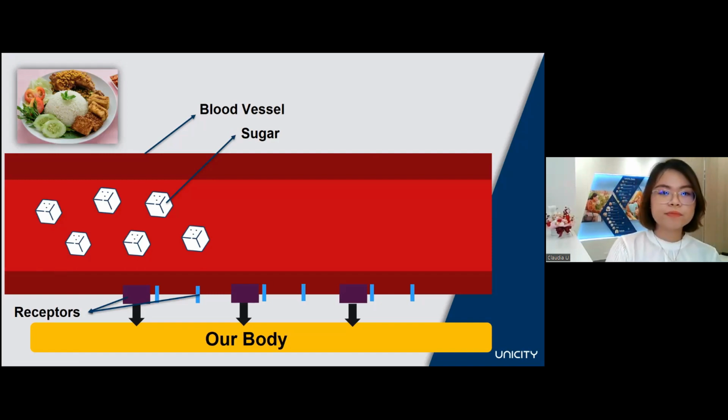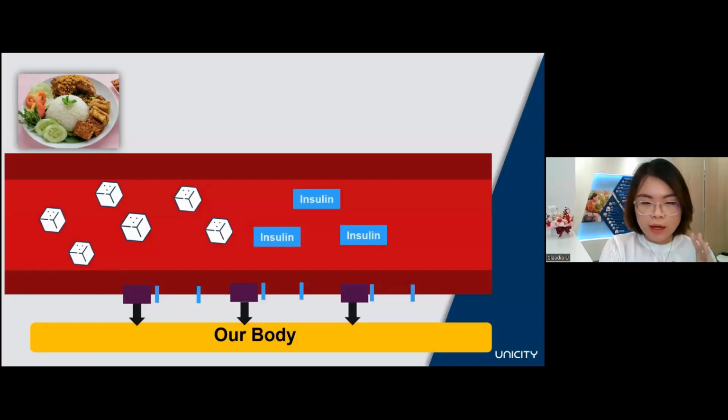So whenever there is the presence of any kind of sugar in our body, it will then release this thing called insulin. Insulin is a kind of hormone, and its main function is to help our body further break down this sugar. But what people don't know is that insulin does not directly interact with the sugar molecule.